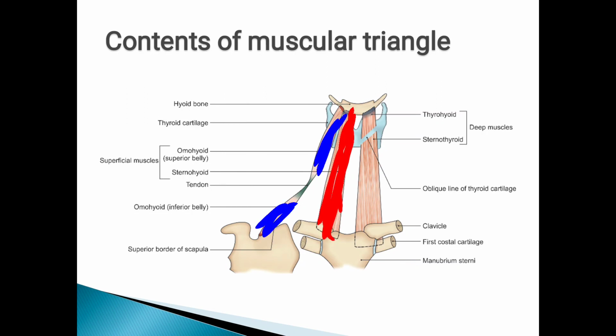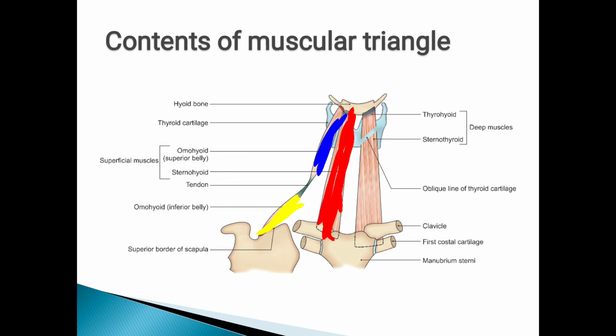This muscle has two bellies, the superior belly and an inferior belly, the omohyoid muscle. The superior belly I have marked with blue color and the inferior belly is marked with yellow color, and these two bellies are connected through an intermediate tendon.